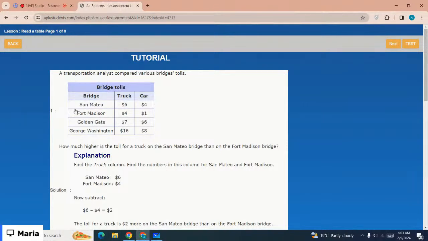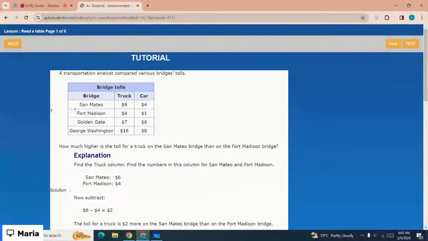So here you are given the table of values. You are given the bridges here and their tolls for the trucks and for the cars. The question is how much higher is the toll for the truck on the San Mateo Bridge than on the Fort Madison Bridge. So here is San Mateo Bridge, right? On the San Mateo Bridge, the toll for the truck is $6, and on the Fort Madison, the toll for the truck is $4.